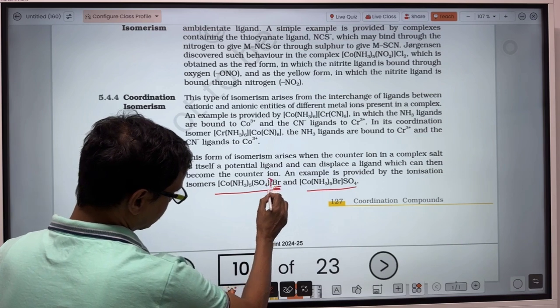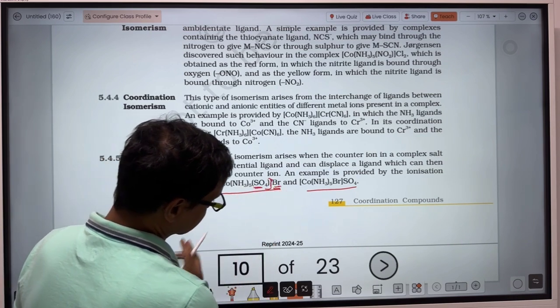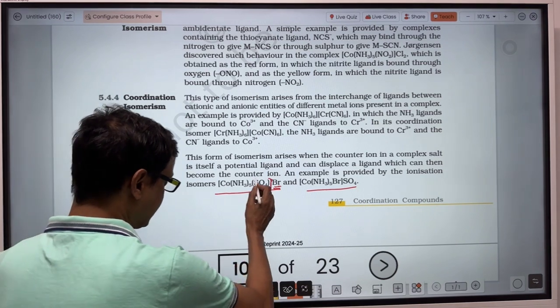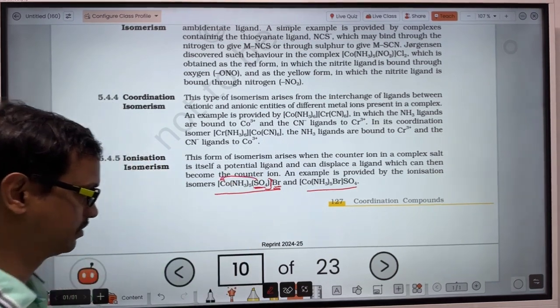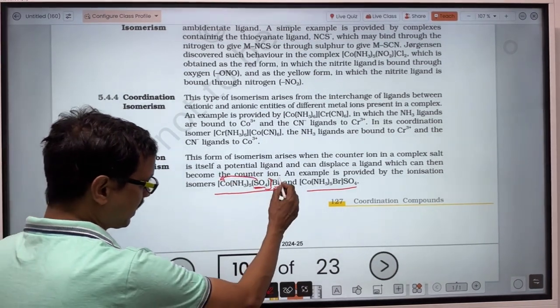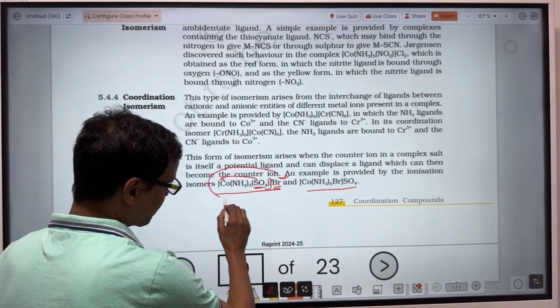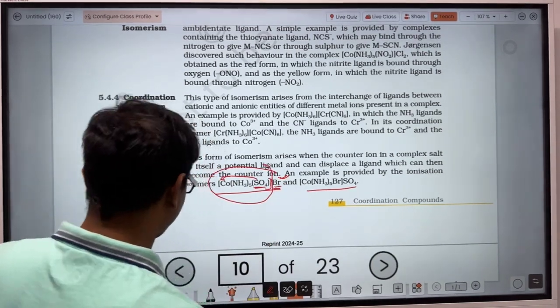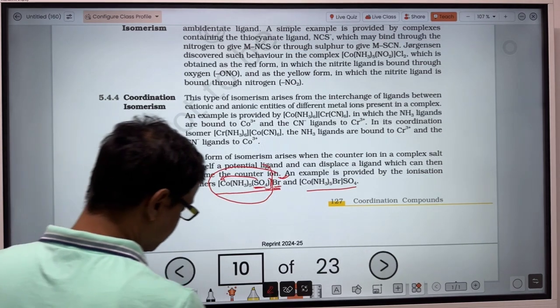When the sulfate ion is inside the square bracket, that means the sulfate ion is covalently bonded to the cobalt, but the bromide ion is ionically bonded with the cobalt, and only the ionic bond gets dissociated.